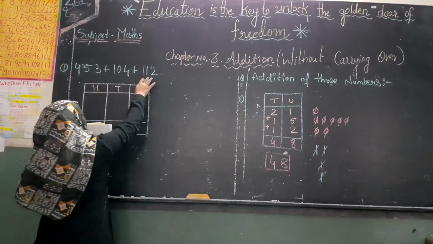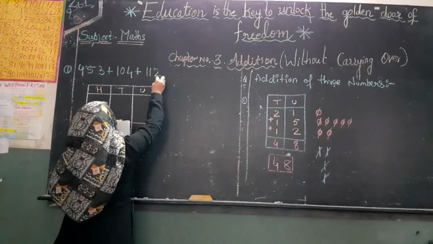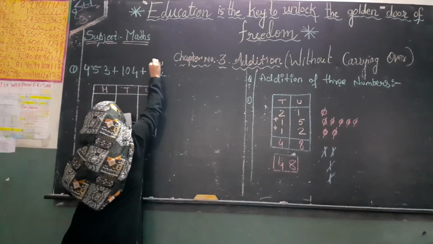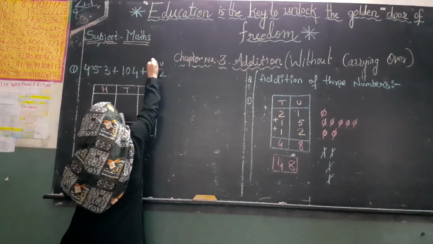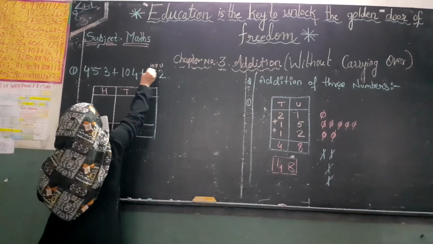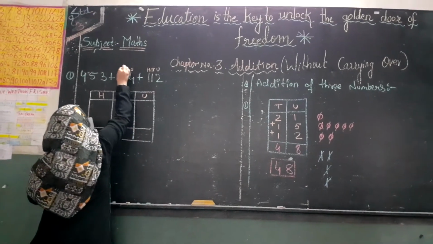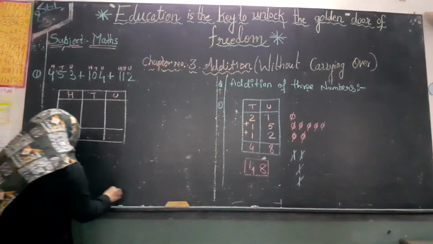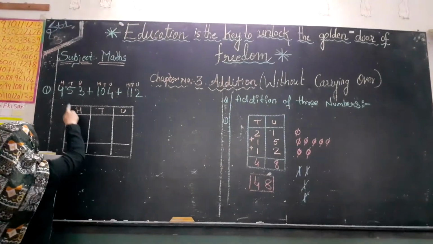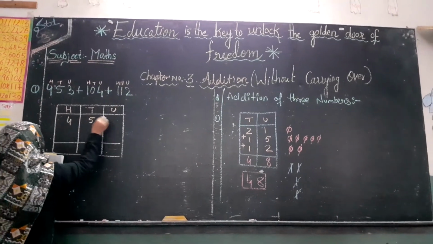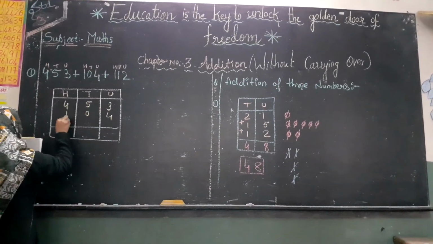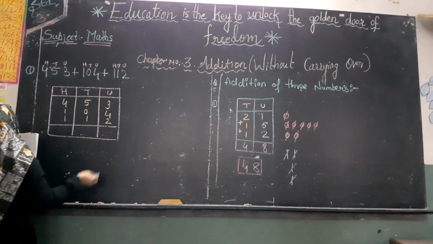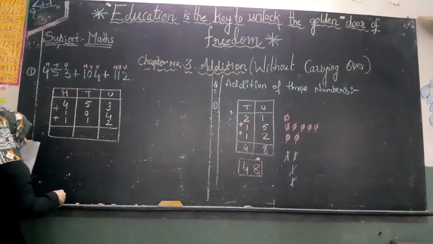Now in this number, which number will we write in the units place? First 2, then 1 in tens and 1 in hundreds. Like this you have to write in all numbers. Now we have to write here first 453, then 104, then 112. We have to add all this.